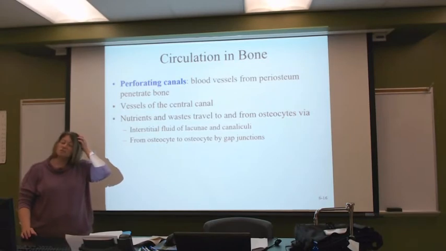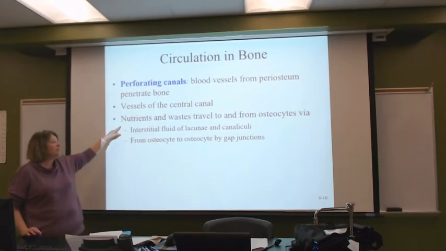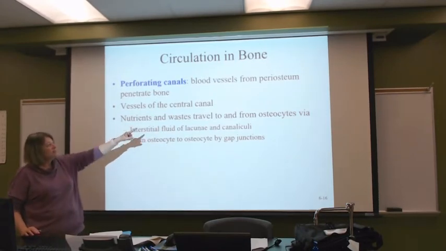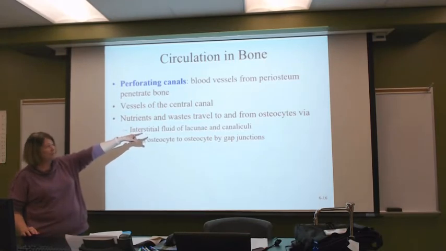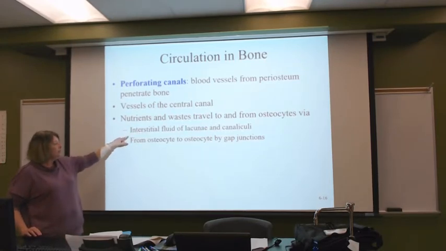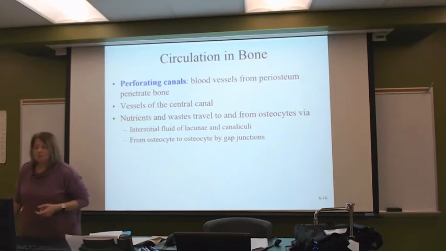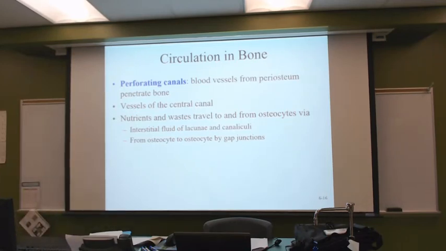The blood vessels definitely bring in nutrients. They definitely get rid of the waste, all right? And they do this by way of the fluids that would be found in a matrix. If you remember, the matrix contains the materials needed for the tissue.